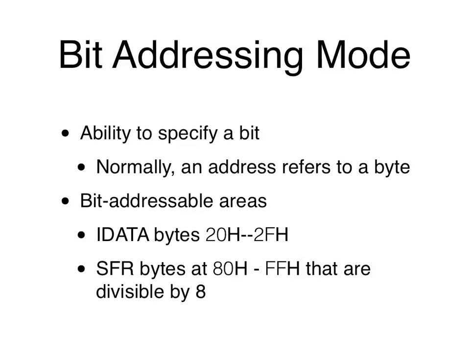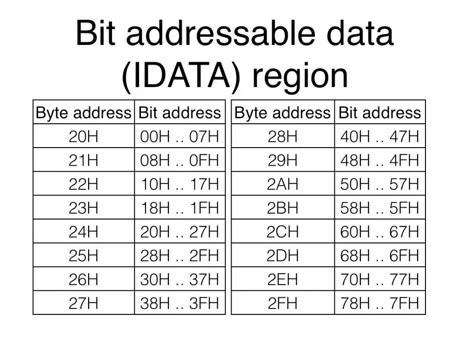Well, a little bit. Now let's divide these into two regions. The first region, as I was saying, overlaps with the addresses 20 to 2F. So those are 16 bytes. That's the region where it's both bit addressable and byte addressable.